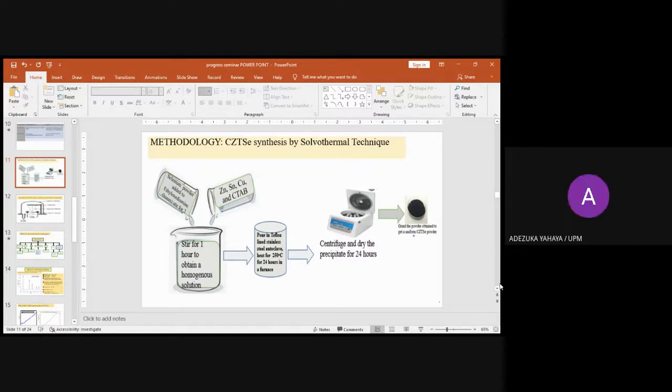No, I use a machine for 1 hour. Are you sure that will give a homogeneous solution? Is there any research that says 1 hour is enough? Yes, I have literature showing that 1 hour is enough to obtain a homogeneous solution.